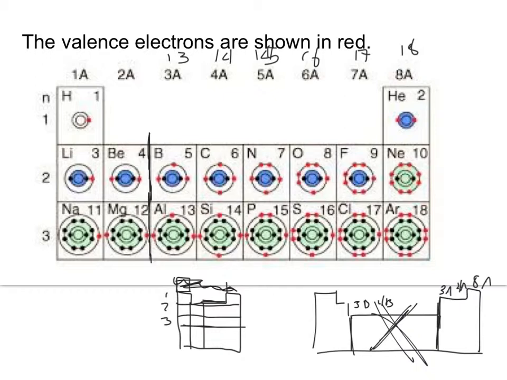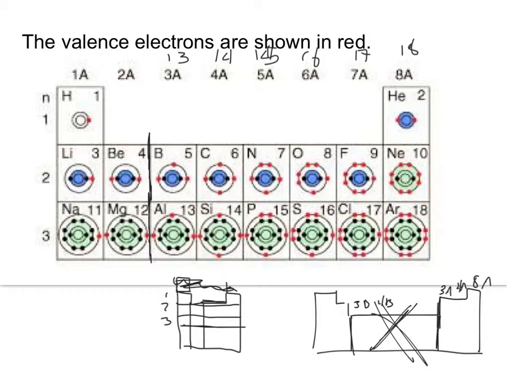Helium has 2, and that's just because in that first shell, you can only have 2. And in this shell, you can have up to 8. So it's okay for this one to be all the way up to 8. Since helium is so much smaller, it only has 2 protons, so it only needs 2 electrons. It's happy just having those 2. It doesn't need to have a full 8.